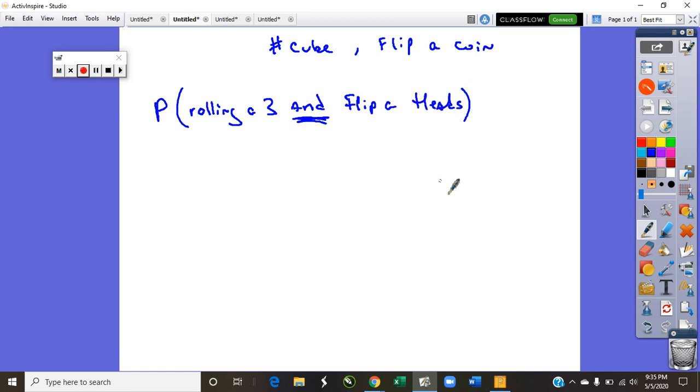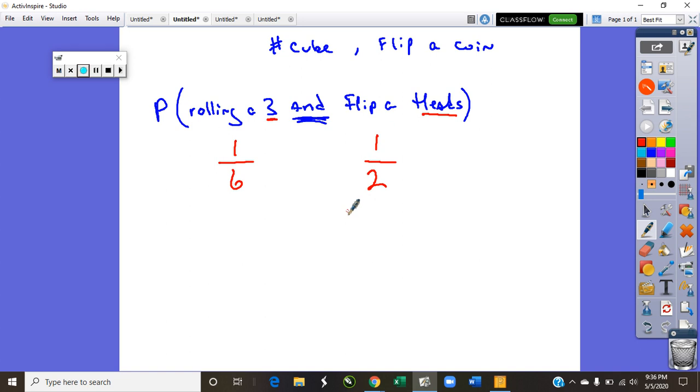What I'm going to do is find each independent probability first. Remember, first thing I do is determine the total number of outcomes. How many outcomes are there on a number cube? There are 6 possible. How many 3s do I have? There's only one 3. Don't put a 3 up here because there's only one 3. How many possible outcomes are there when I flip a coin? 2. And how many of those are heads?